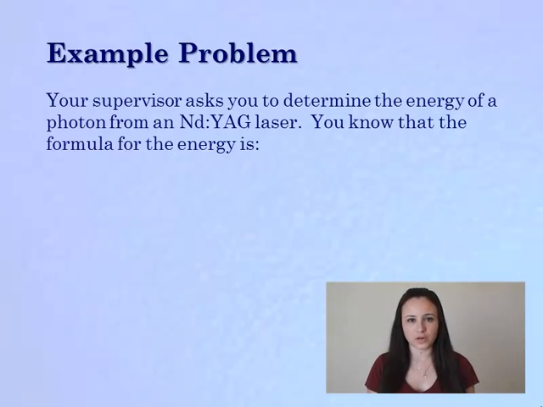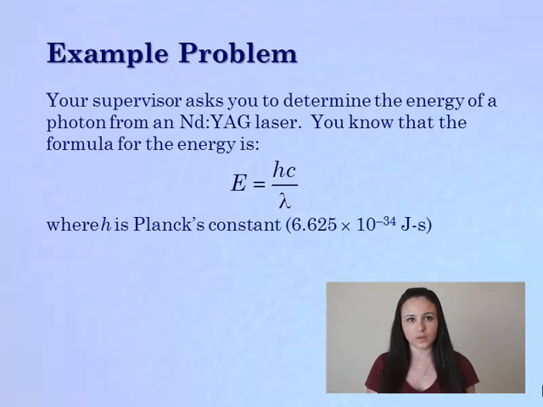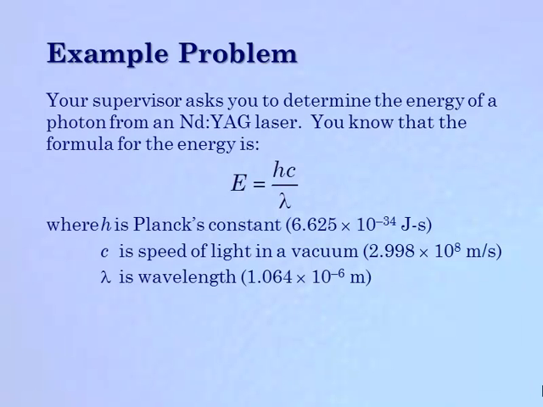Suppose your supervisor asks you to calculate the energy of a photon from a certain laser. You know that the formula for the energy is E equals hc over lambda, where h is Planck's constant, c is the speed of light in a vacuum, lambda is the wavelength, and E is the energy in joules.